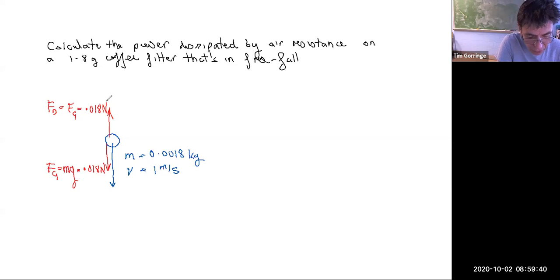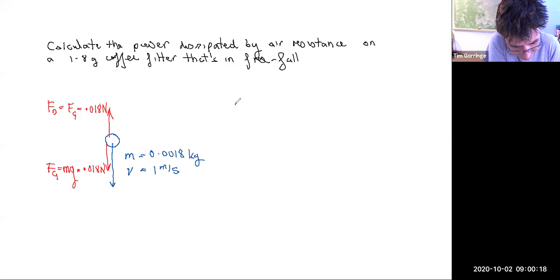Okay, so now we want to calculate the power dissipated by the drag force. And in class, we met a couple of equations for power. We met the relationship between power and work. That was one equation. And the other equation we met is the relationship between power and force. So this would tell us the power dissipated, for example, by the gravitational force, or by the drag force, or the power supplied by the gravitational force.